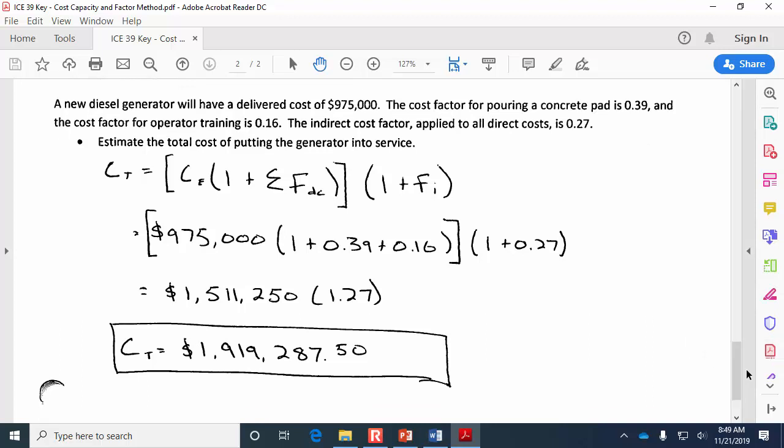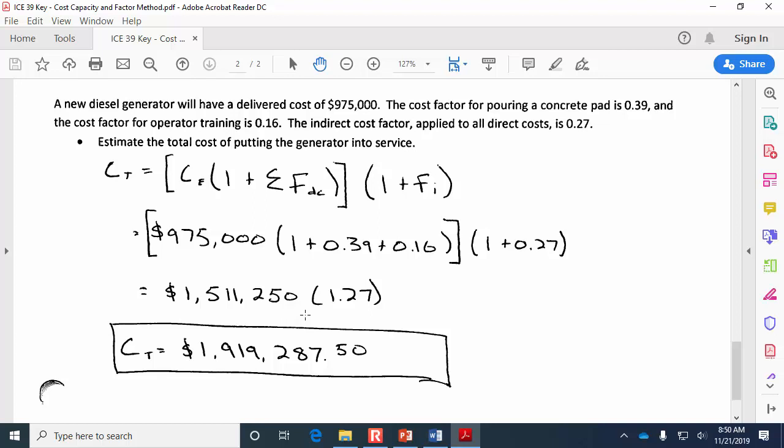Okay, so we have to pay $975,000 to buy the generator, and then 39% of that to pour the concrete pad, 16% of $975,000 for training, and so the overall direct costs are going to be $1.511 million. Those are all considered the direct costs, that's outflow that we have to spend in order to get the item in place.